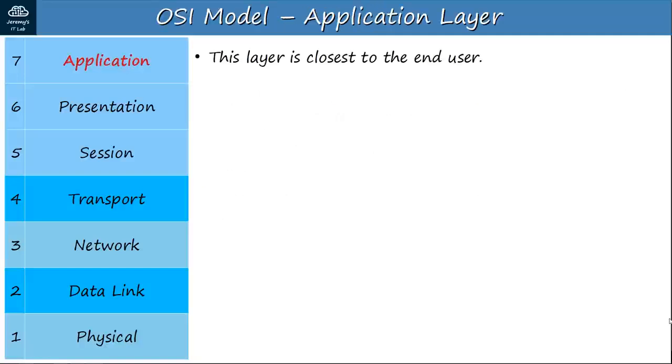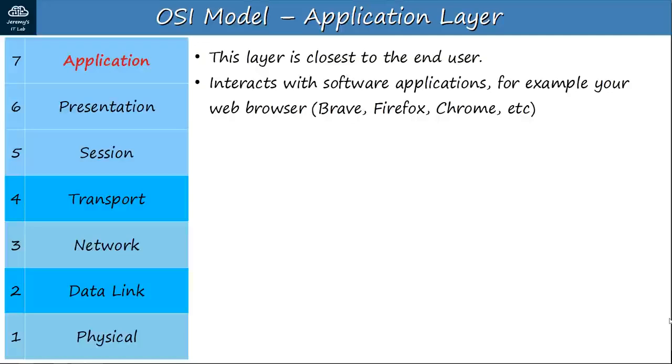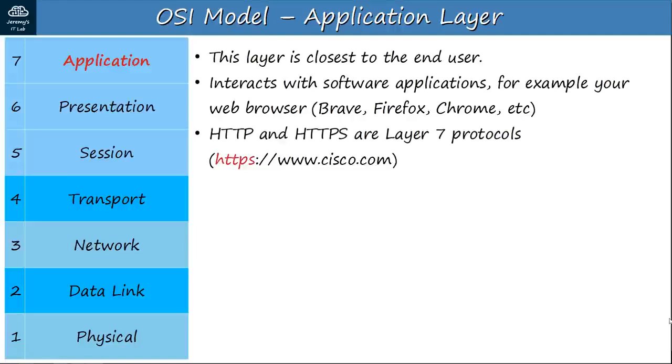The application layer is the layer that is closest to the end user. The application layer interacts with software applications that have some communication component, such as your web browser, whether that's Brave, Firefox, Chrome, or whatever. For example, HTTP and HTTPS are layer 7 protocols.